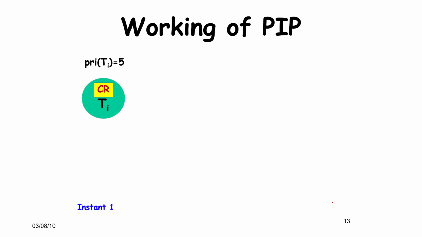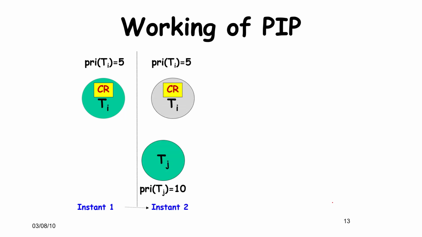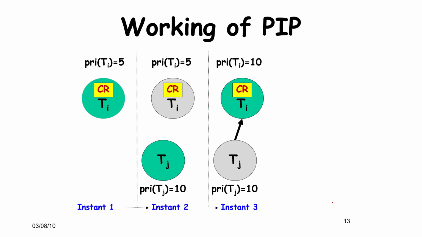The working of PIP, as you can see, if I were to draw a small diagram: I have task Ti, which has acquired a resource, its priority is 5, other task priority is 10. In this case, the higher the number, the higher the priority.